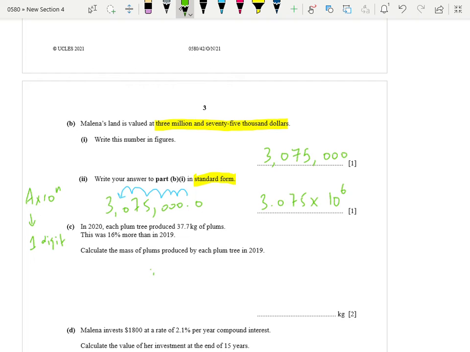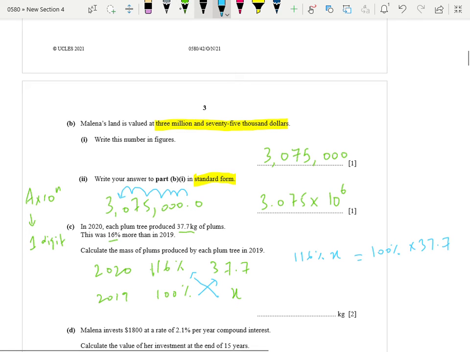That's it. In 2020, each plum tree produced this much kg of plums, and this was 16% more than in 2019. So 2020 is 116%, corresponding to 37.7, whereas 2019 should be the original, that is 100%. Everything original is 100% of its own, and that is x. Using the corresponding method, we multiply across, so the equation becomes 116% of x equals 100% of 37.7.